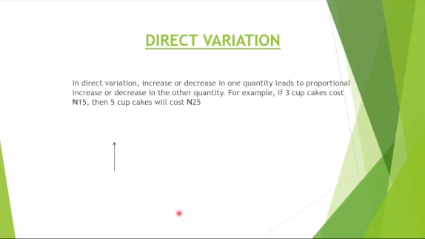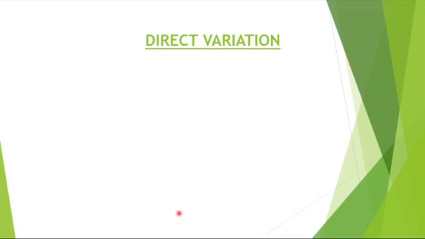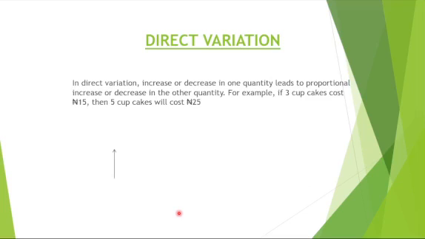Now, if you notice, when the number of cupcakes is increased, you see that the amount also increased. Now, in the reverse, if the number of cupcakes should be reduced, then the amount also will be reduced.